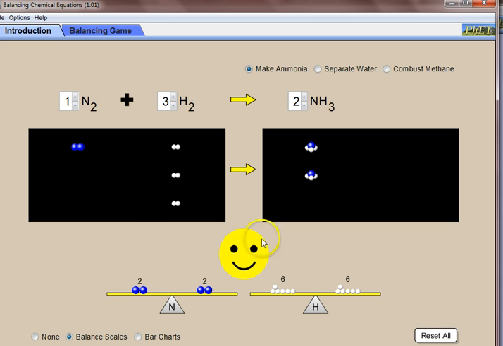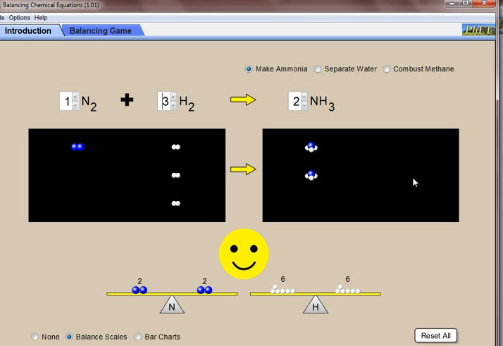Now the reaction is balanced: 2 nitrogens on the left, 2 nitrogens on the right; 6 hydrogens on the left, 6 hydrogens on the right. So what are the implications of balancing equations?